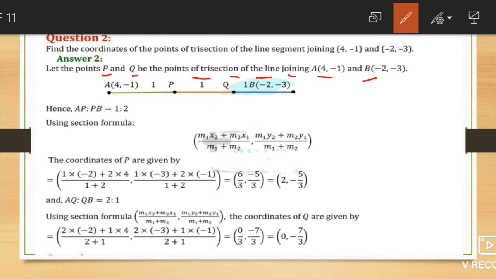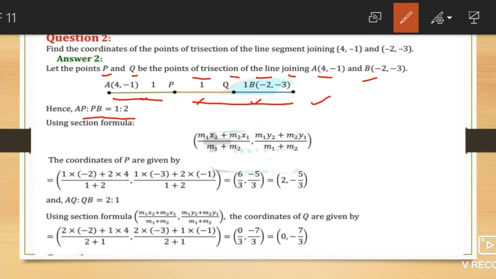As you can see in the figure, there are 3 parts: one is the green one, another is the yellow one, another is the blue one. If you look at the figure, you can see that P will divide the line segment AB in the ratio 1:2. That's why AP is to PB is equal to 1:2.